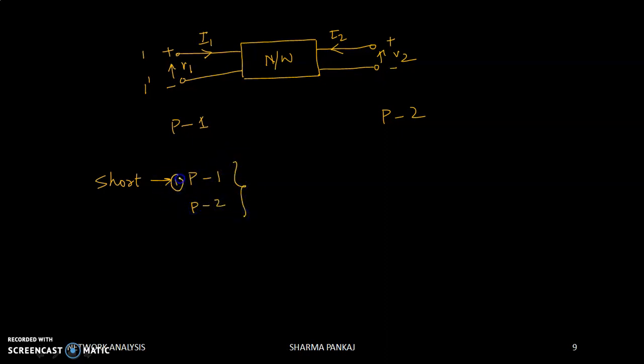In the first case, we'll short port 1 and calculate the remaining Y parameter. In the next process, we'll short port 2. We're just shorting one port, and the other port will remain as it is. And we will calculate the same Y parameter.